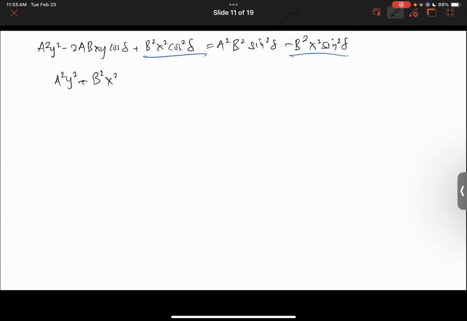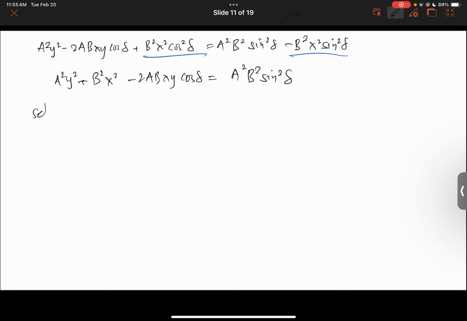B squared x squared minus 2abxy cosine delta is equal to a squared b squared sine squared delta. Okay, so we'll work with this equation.